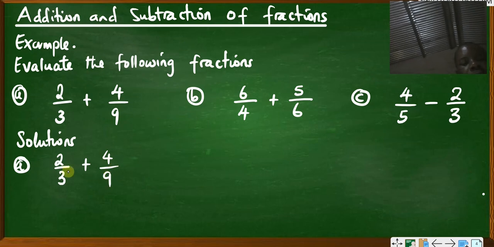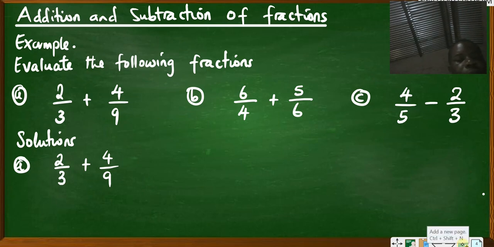Then since they are saying 2/3 plus 4/9, it means we add them. So how do we add? So this is what we do. So let me just come on this other side of the page. We have 2/3, 4/9. So let's come here, 2/3.